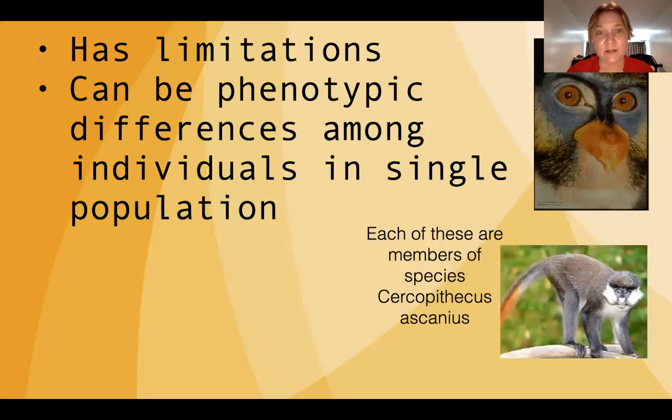There can be phenotypic differences among individuals in a single population. Besides this example I have here of two species of, I think they're macaques, I could be wrong, a kind of monkey, these are members of the same species, although if you were to look at them, you would probably identify them as being different.